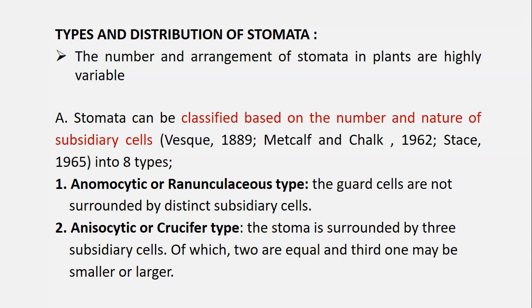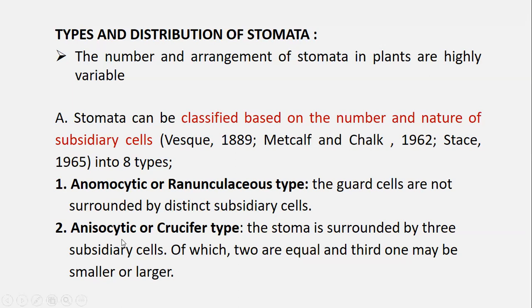The first one is known as anomocytic or ranunculaceous type. In this type of stomata, the guard cells are not surrounded by distinct subsidiary cells, but by normal epidermal cells. These are very common in the family Ranunculaceae, and therefore it is also known as the ranunculaceous type.